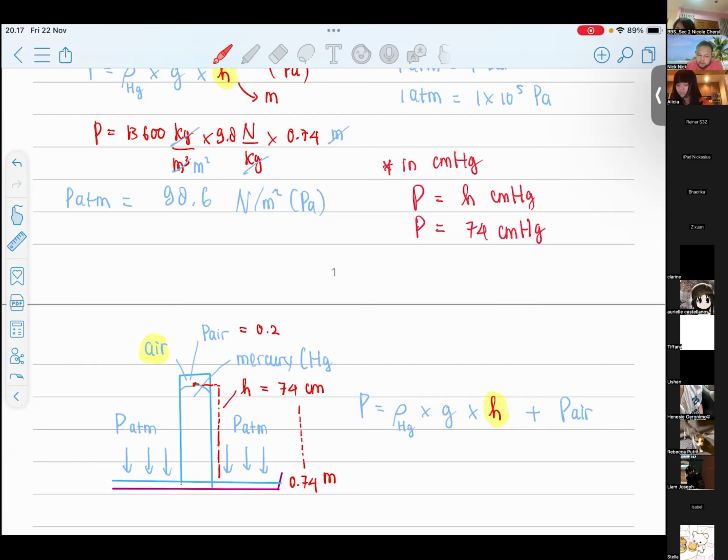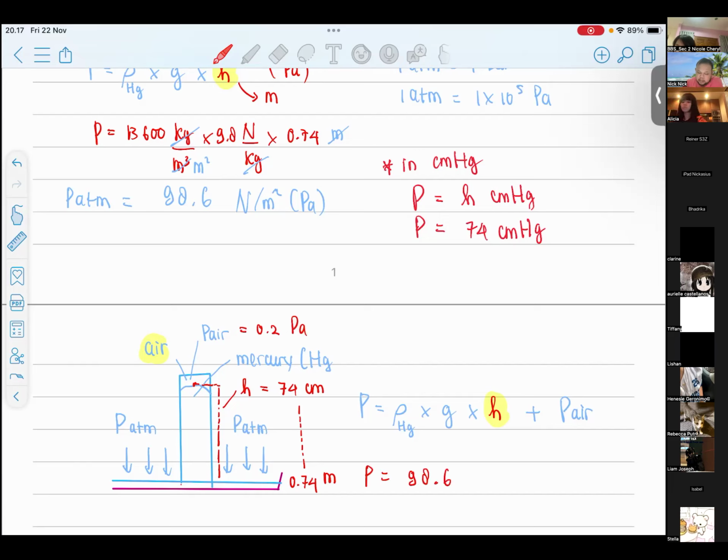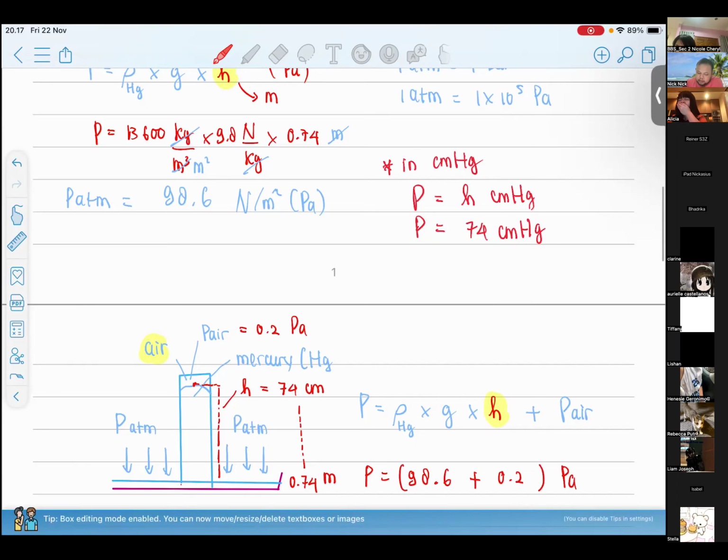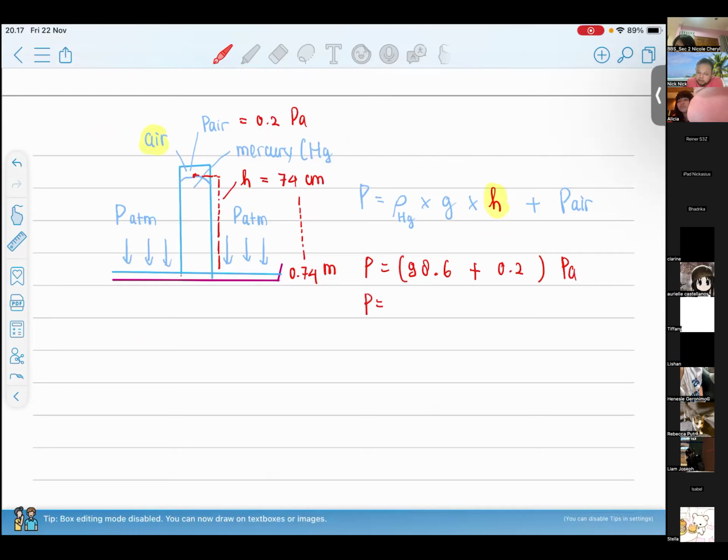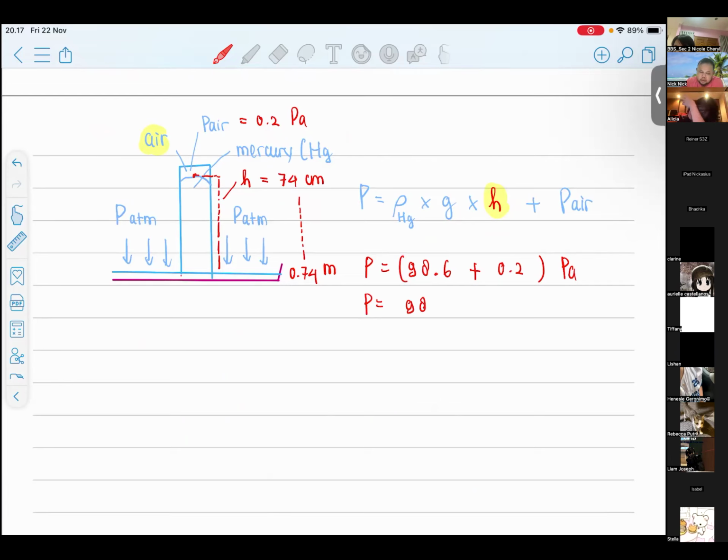So you will get the answer 98.6 plus the pressure of air, which here is 0.2. The unit later will be Pascal. So the pressure is 98.8 Pascal.